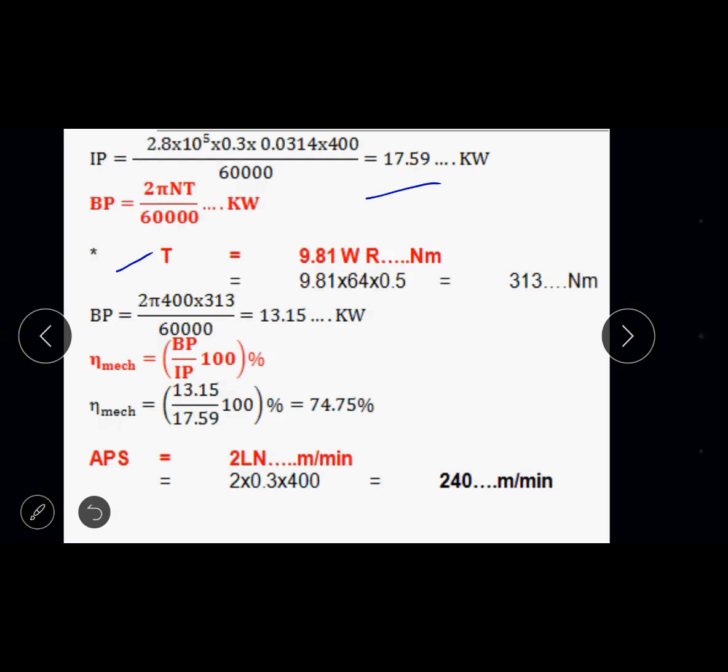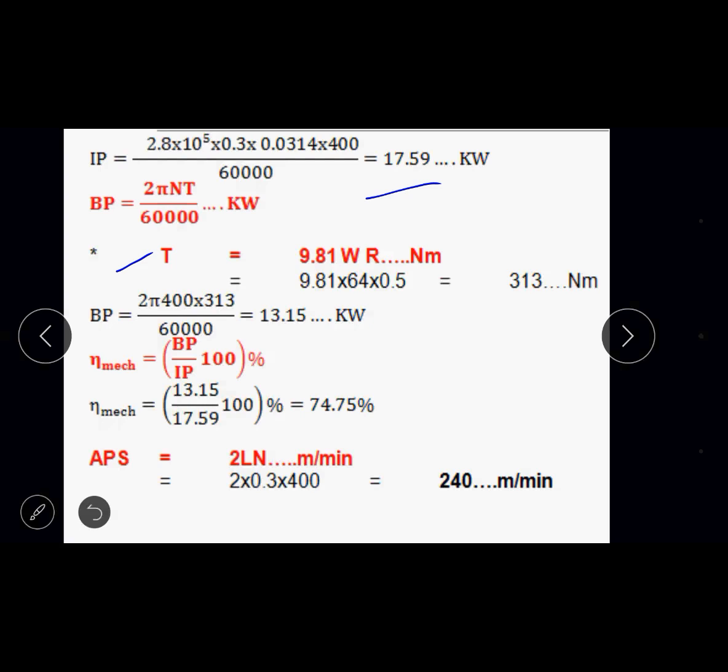It is the brake drum radius. Now in this problem there is no spring load given, so spring load is 0. Directly the brake load, the pan load W, is given. W value is 64 kg. Again there is no rope given in the problem, only the brake drum diameter is given.